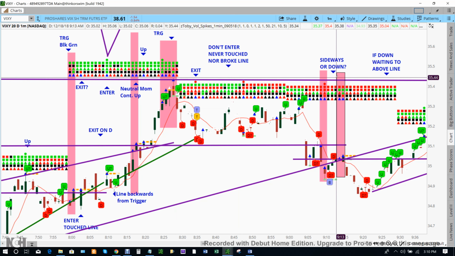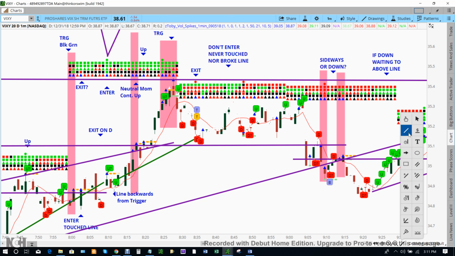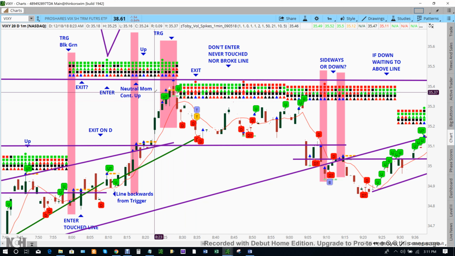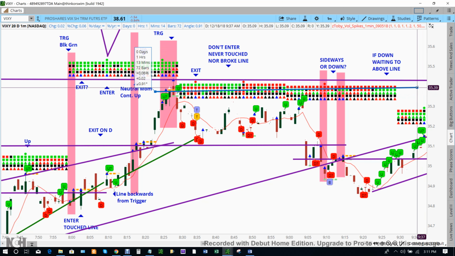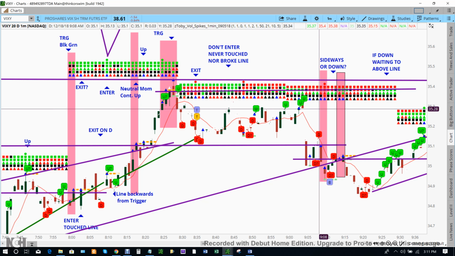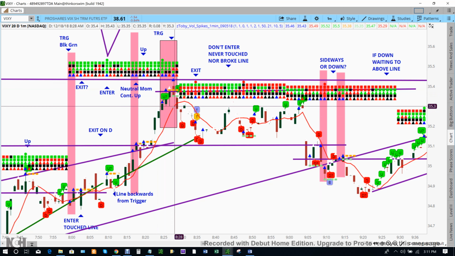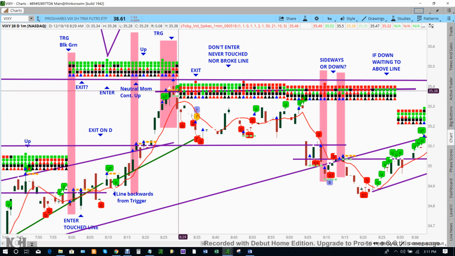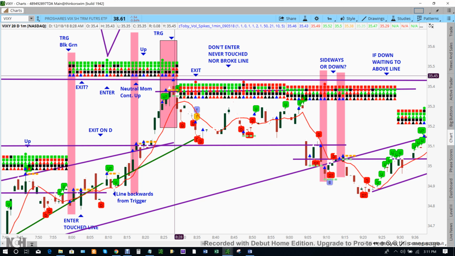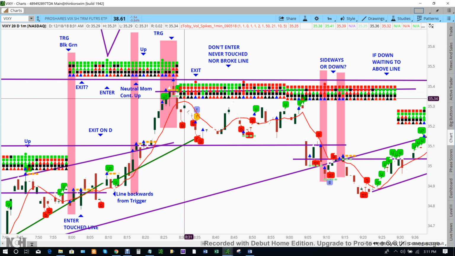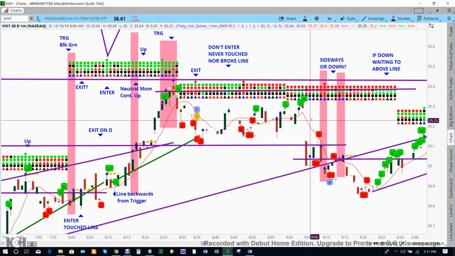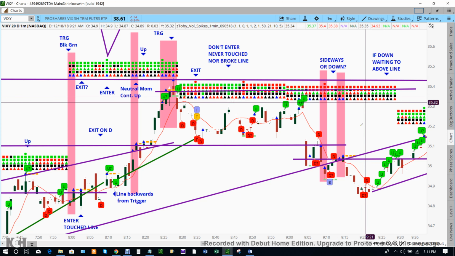So do we draw it at the top, or do we draw it in the middle? Maybe we draw it in the middle one, which is here. Nonetheless, this is the trigger, but after this third triangle here, the price just goes down and never comes back up. So we're waiting for it to go back up, and it never did.